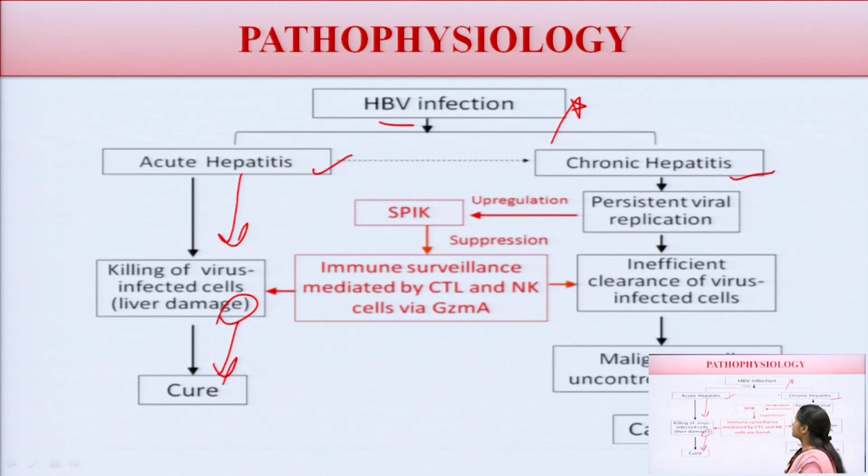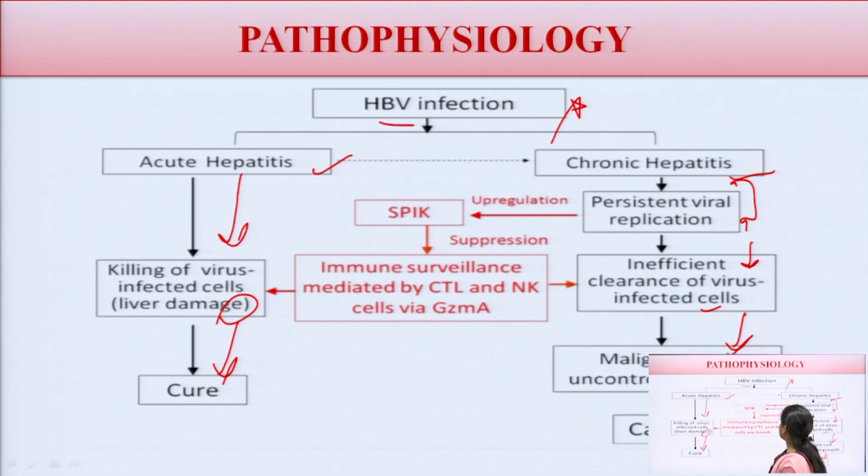Chronic hepatitis involves replication and insufficient clearance of the viruses and infected cells. Malignant change is uncontrolled and may cause cancer.